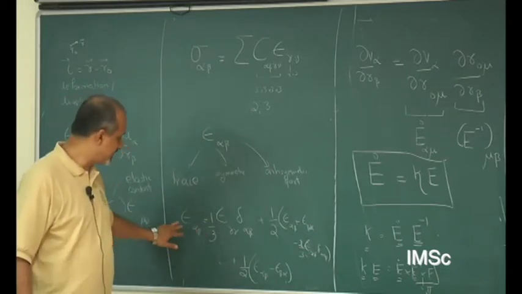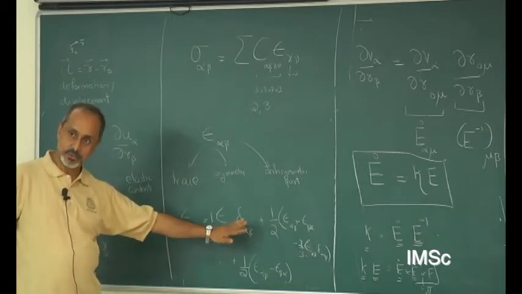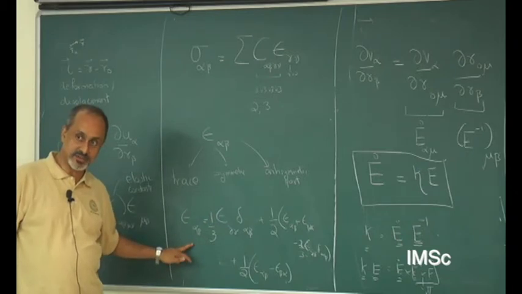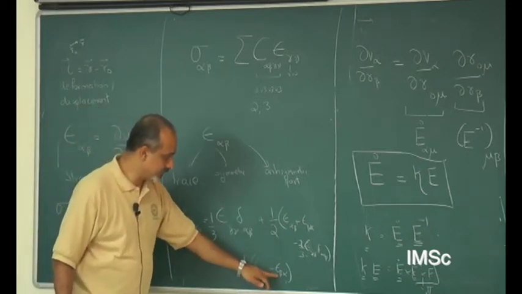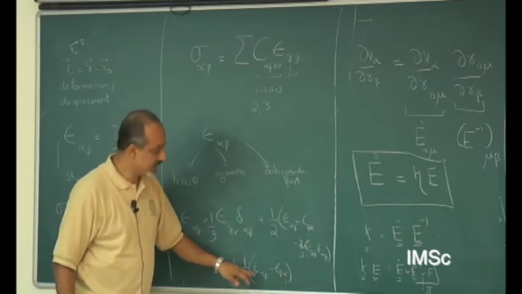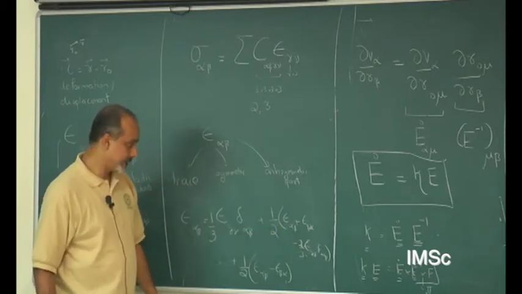Just look at this. I've just written a quantity epsilon alpha beta in terms of something on the right hand side. If you look at it carefully, you will notice that's exactly epsilon alpha beta here. The reason is that, let's look at this term. The epsilon beta alpha appears with a minus sign and a factor of half here. This appears with a plus sign and a factor of half here, so that goes away. Okay?